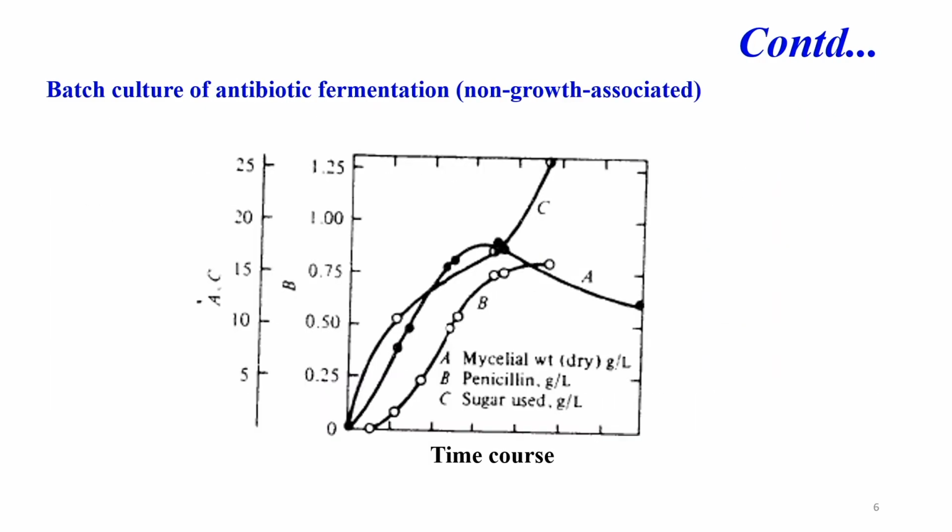If you see this figure of batch cultivation of antibiotic fermentation, A is the profile of your biomass and B is the profile of your product. A has reached the plateau phase and further entered the death phase as well, but in the region from here to here, the product formation still continues.